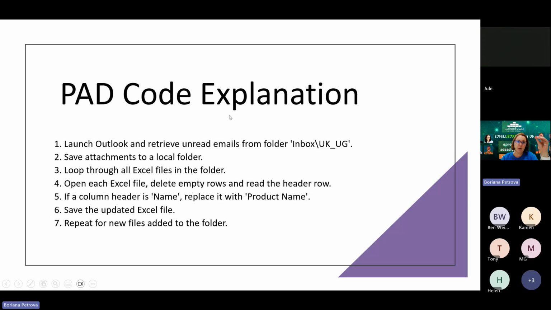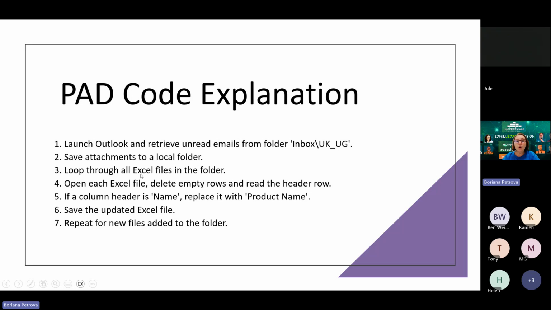So what will be the steps? The first step: we will launch Outlook and scan whether we have an unread email in the specific folder that I call UK user group. Then, if we have an unread email, I will save the attachment from this email to a local folder.